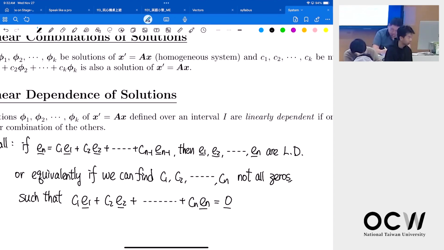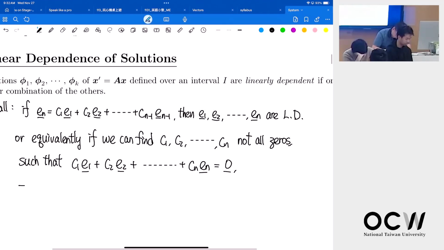Those coefficients are not all zeros; maybe c1 is 0, c3 is 0, c(n-1) is 0, but c2 or cn is not 0.